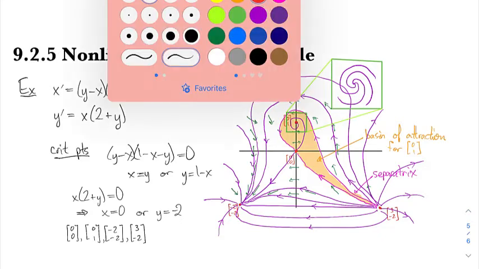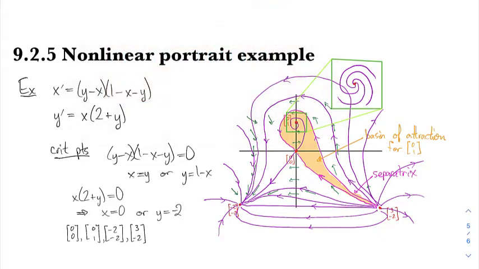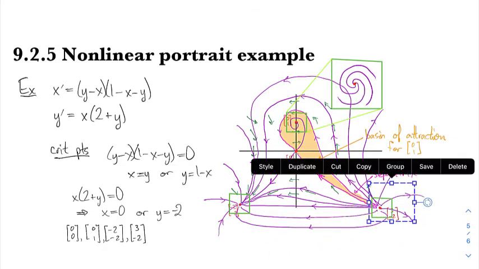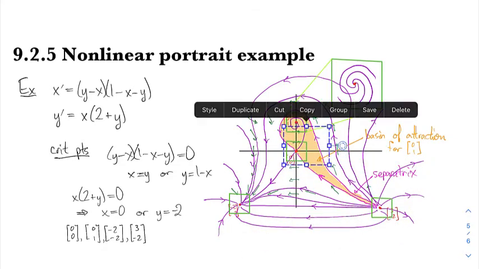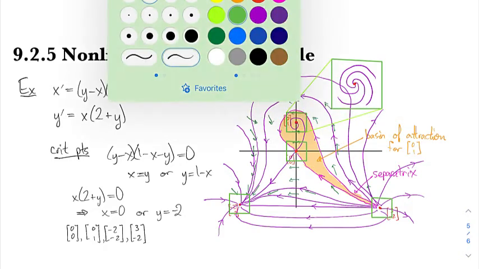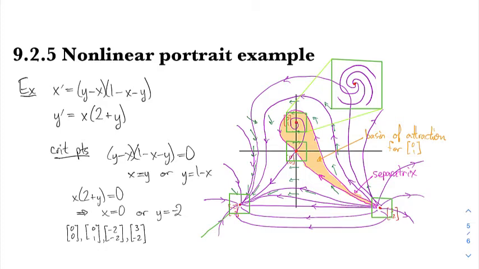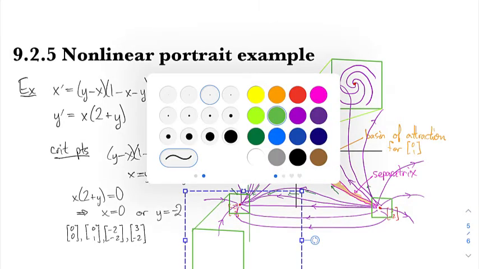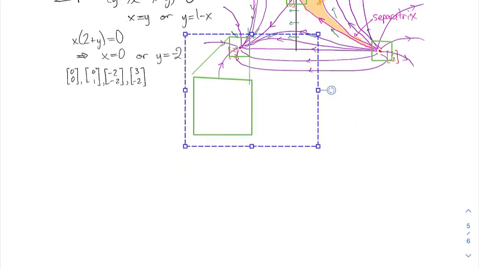And if we look up close and personal at these other guys, we see that this guy here is some kind of a node.